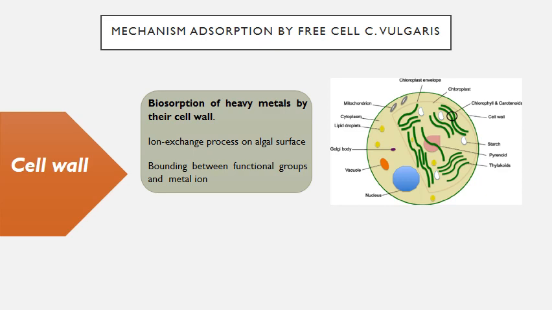The complexation between the functional groups and metal ions also plays a part in how the metals are removed at the surface of the cell walls. This is the illustration of Chlorella vulgaris. The green line shows the cell wall surrounding the surface of Chlorella vulgaris.